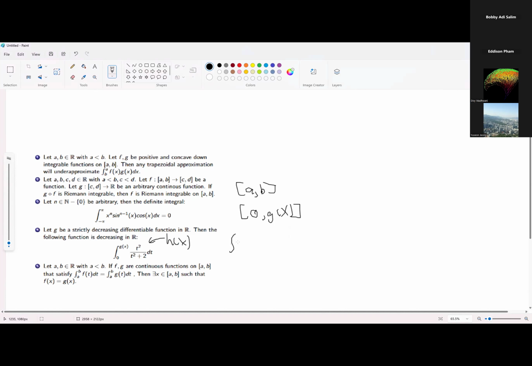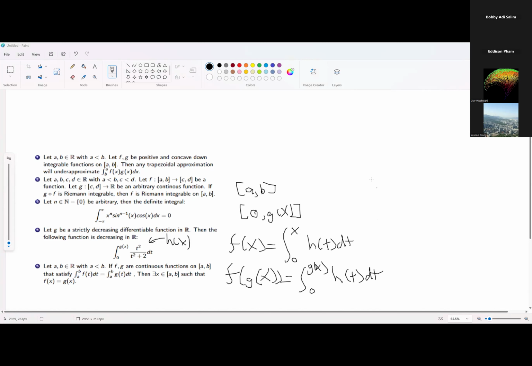So define f at x equals the integral from 0 to x of h at t, not h at x, h at t dt. All right. Now, what is f of g at x? This is just simply the integral from 0 to g of x, h of t, dt. All right. And then we can just differentiate it if I can find my mouse.